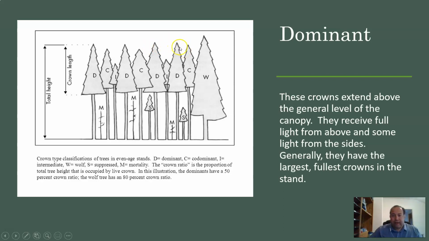So these ones are going to get light here and here and here and here and all the way around their crown. They can get light. And that's how we decide that a tree is a dominant one. Now, these trees usually have the largest and fullest crowns within the stand.